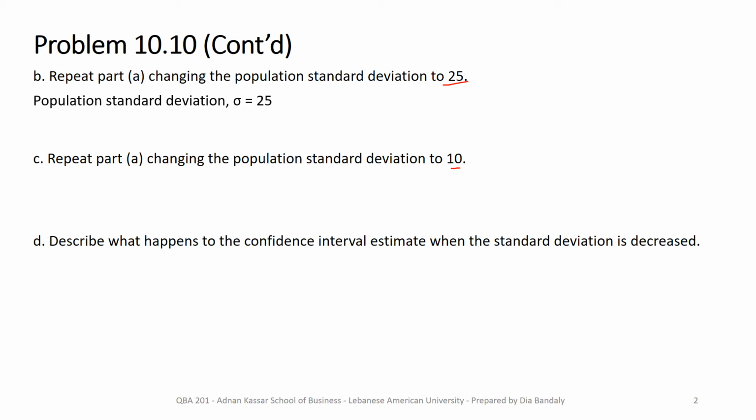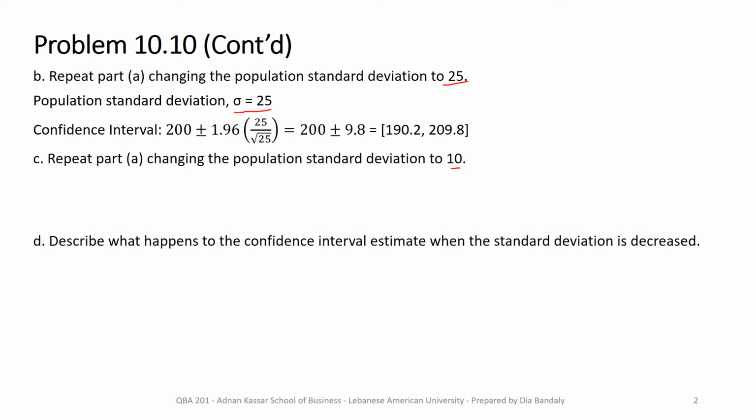So now with sigma equal to 25, I'm going to replace this new value in my confidence interval formula. While before it was 50, now it's 25. So what I'm adding is 9.8 now. And you can see that the confidence interval is between 190.2 and 209.8.